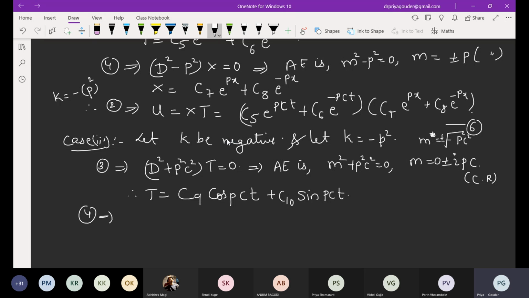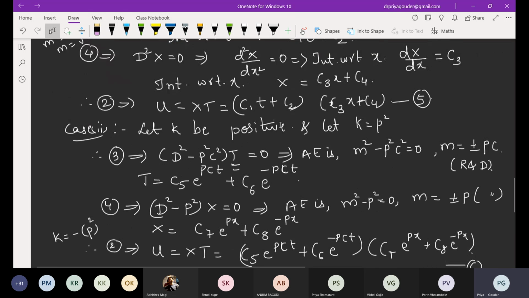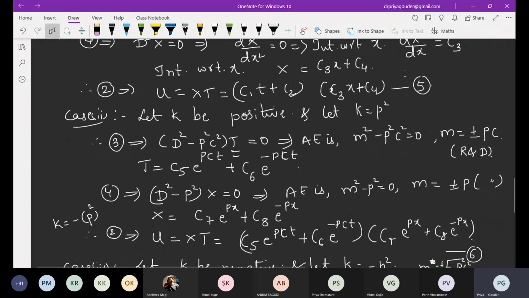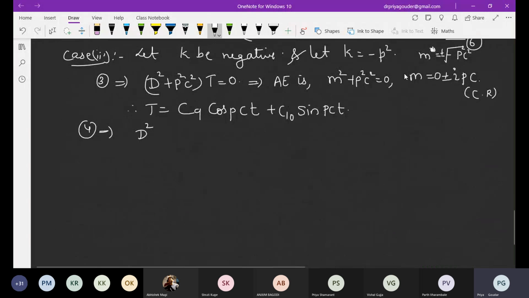Let us see what happens to equation 4. You have here equation 4: d square minus k into x, and k is minus P square. Am I right with this? Tell me the auxiliary equation. Tell me the roots.